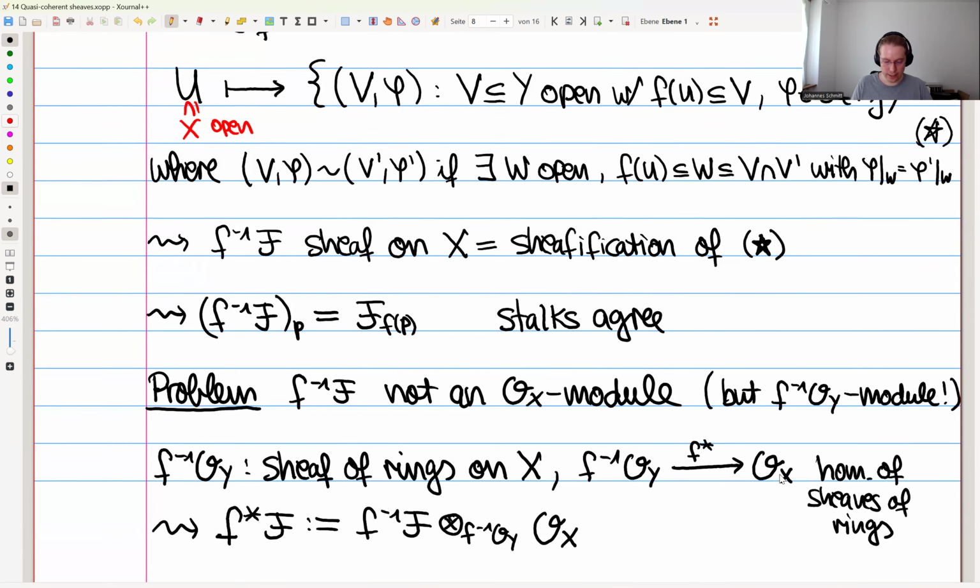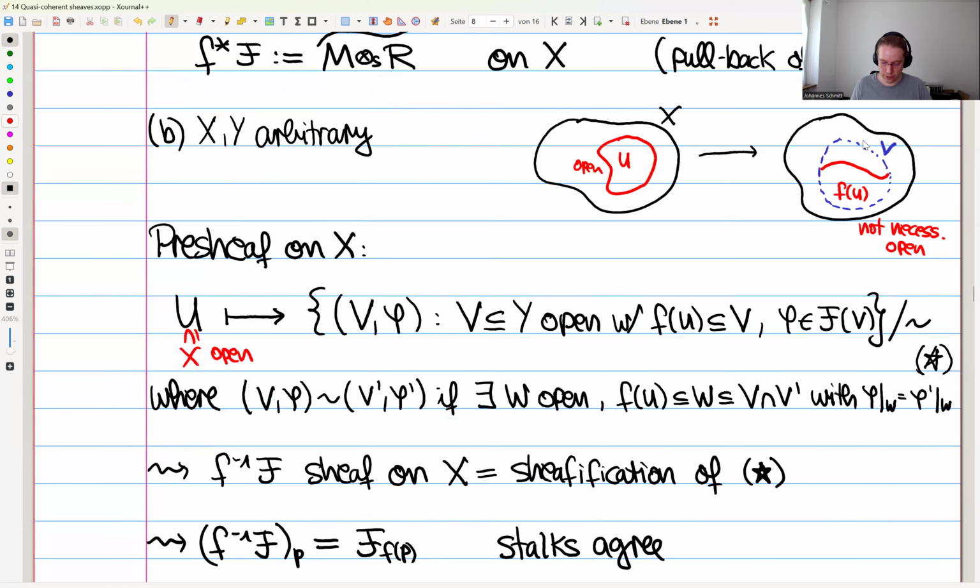And there the idea is, if you have some V and some regular function on V in here, this is a section of this f inverse of OY. How do you get a function on U? Well, you just take this function and pull it back.